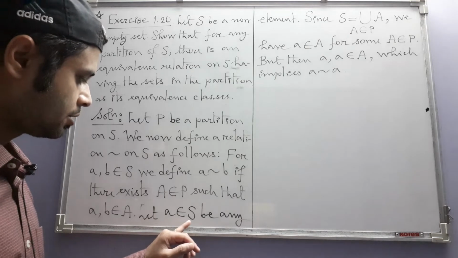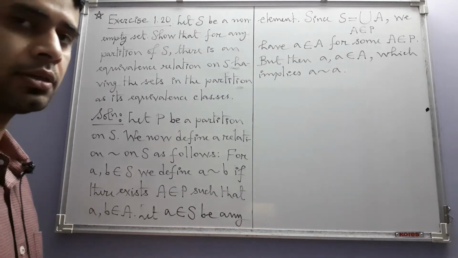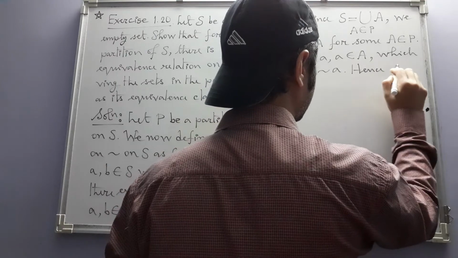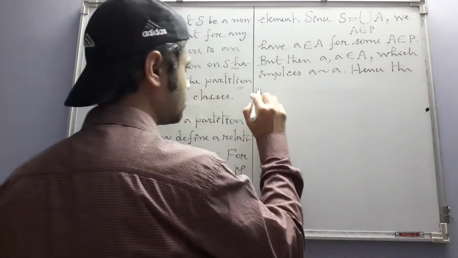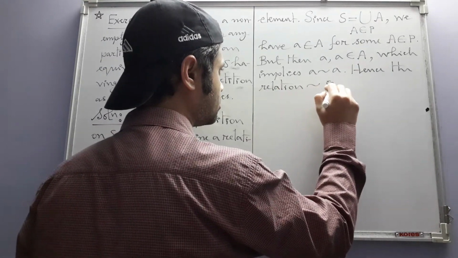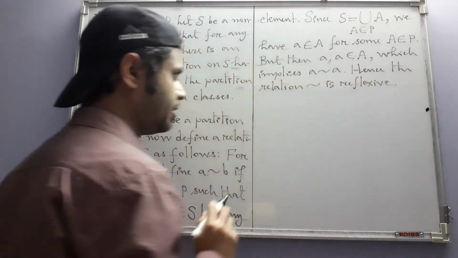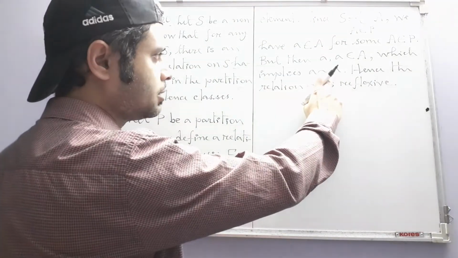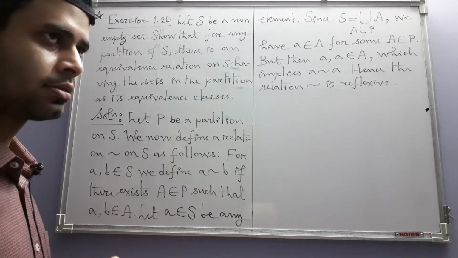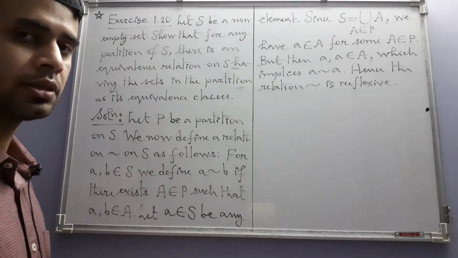And since we chose small a to be any element in S, this is true for every element in S, and that's why the relation is reflexive. Hence, this is reflexive. Ideally, you should mention that since we chose small a in S to be an arbitrary element, every element is related to itself, and that's why the relation is reflexive.